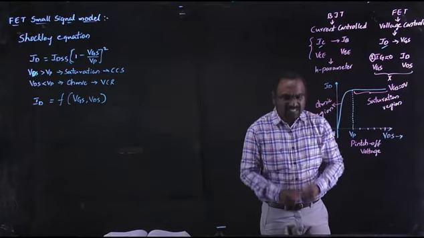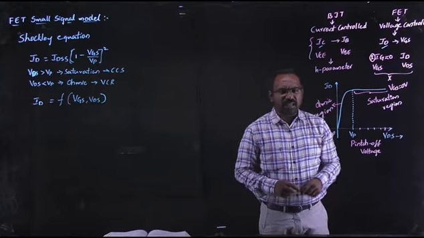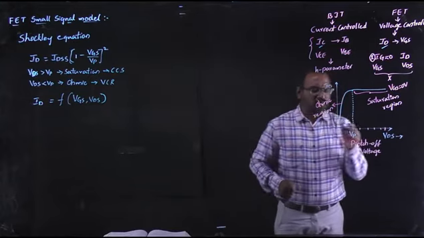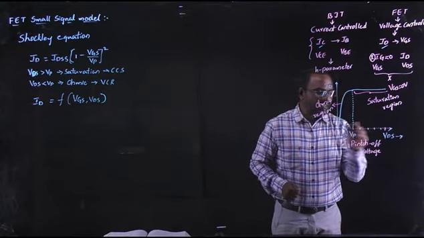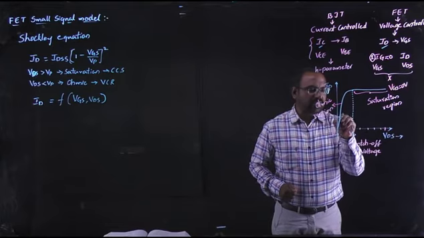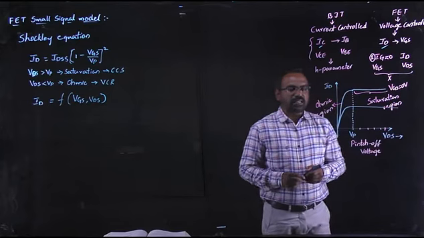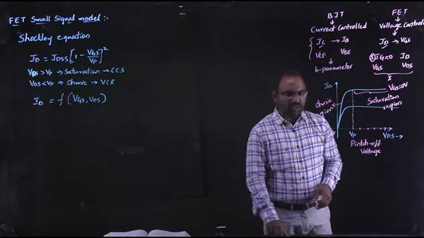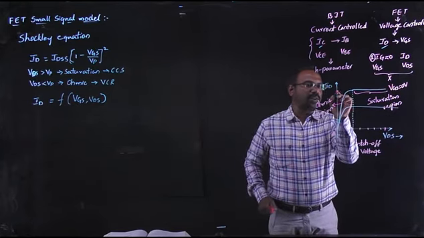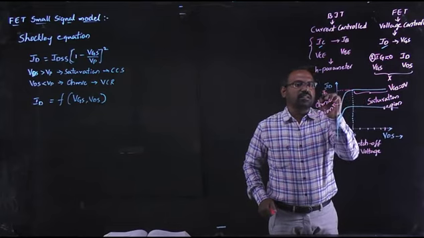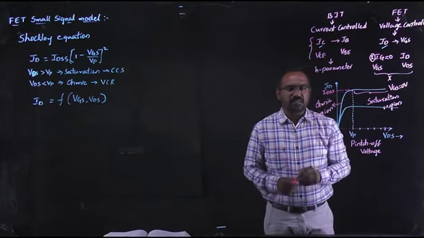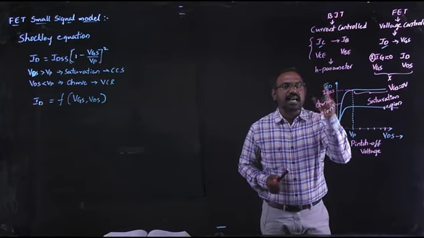When VGS is reduced, that means if you apply negative voltage between gate and source, what is going to happen is, if you increase VDS, the characteristics will be like this. That means your ID value is going to reduce. Actually, this point is called IDSS, the drain to source saturation current.